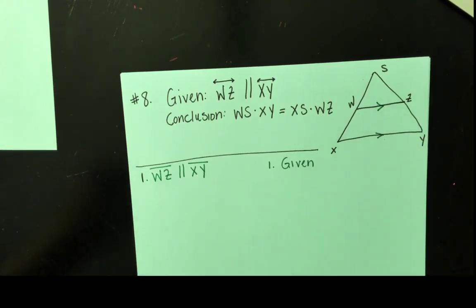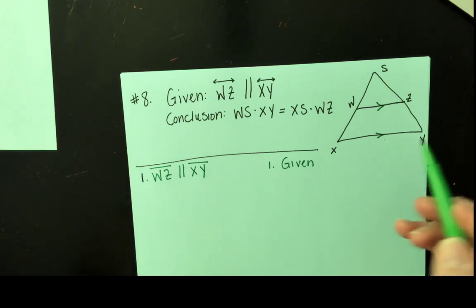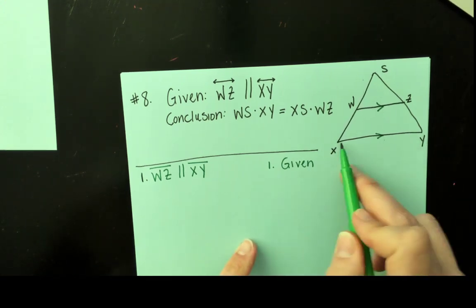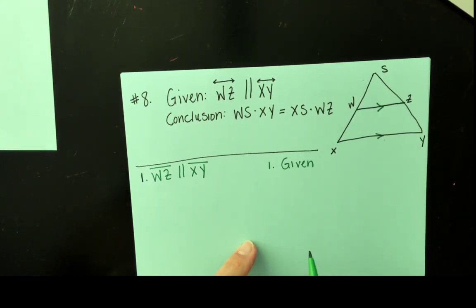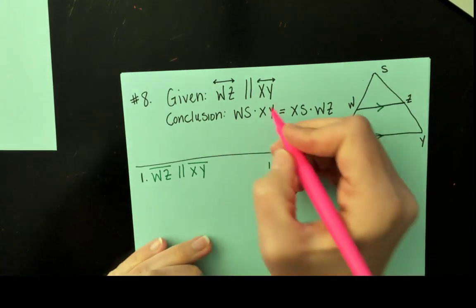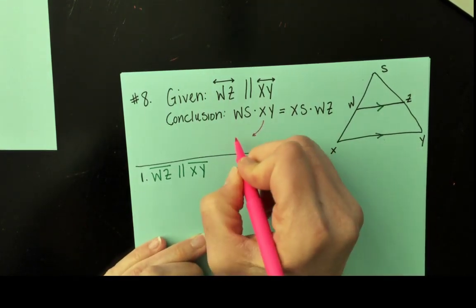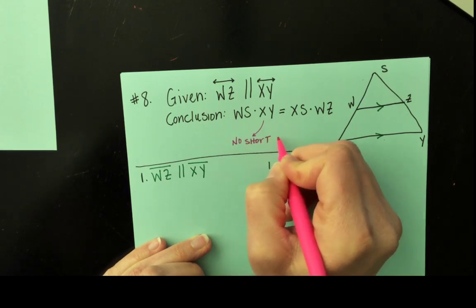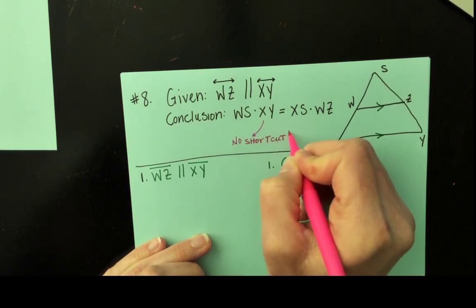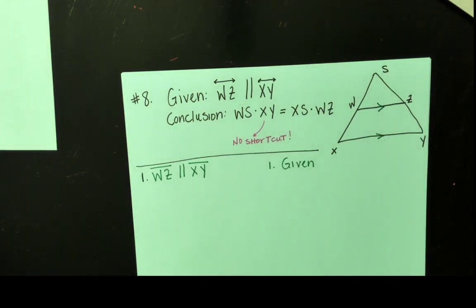Now, the minute I see XY is involved, I cannot use the proportionality theorem. I cannot use the shortcut. We have to talk about the full triangles.